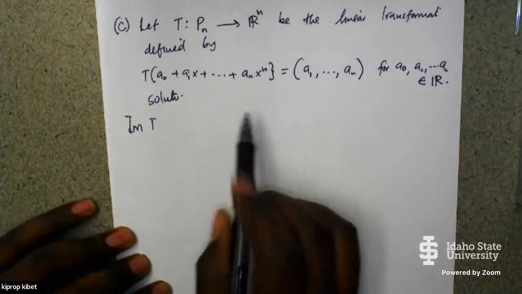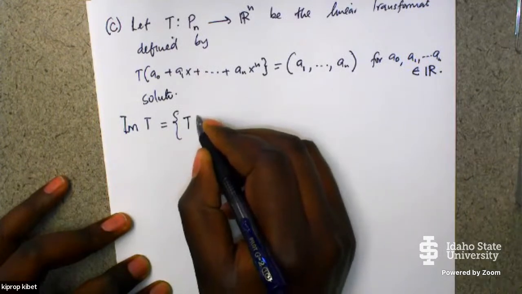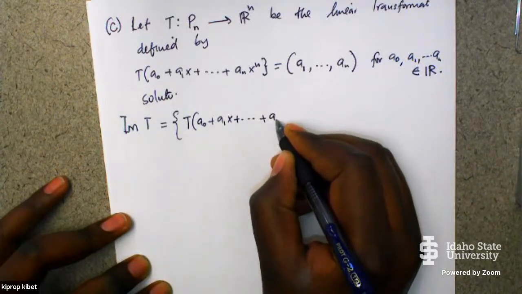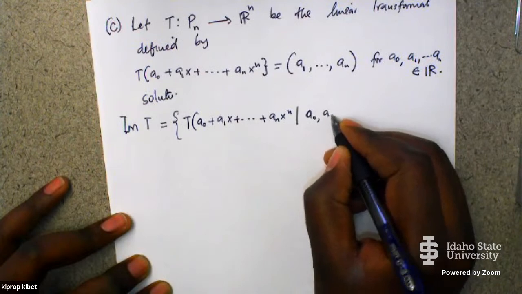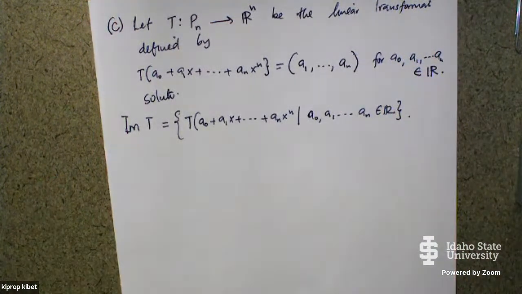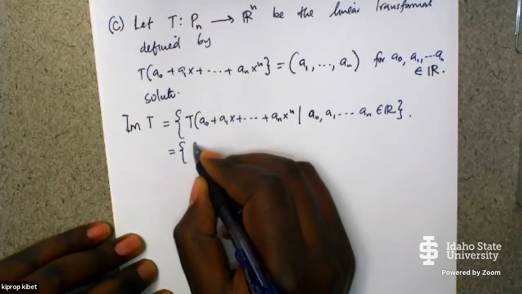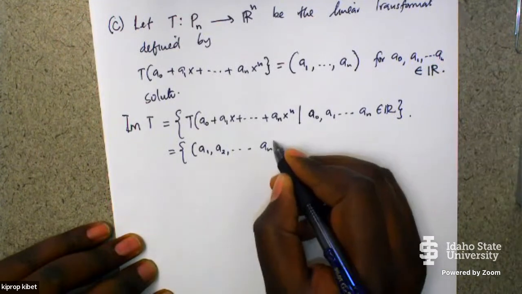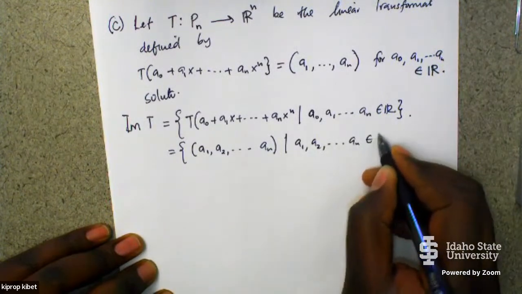And the image of T is equal to T of a0 plus a1x plus up to anxn, such that a0, a1 all the way to an are in R. Then this is giving us a1, a2, all the way to an, such that a1, a2, all the way to an are elements of the real numbers.